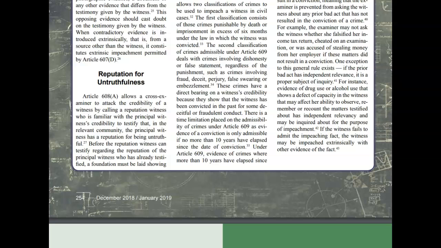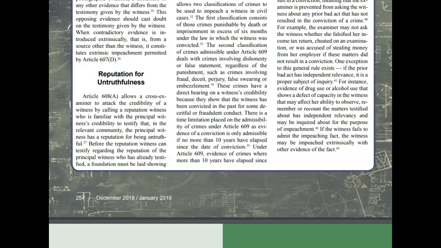Similarly, the plaintiff could call another character witness, we'll call that person witness three. Witness three, after the appropriate foundation, could testify that witness two has a bad reputation for truth telling. And it goes on and on.